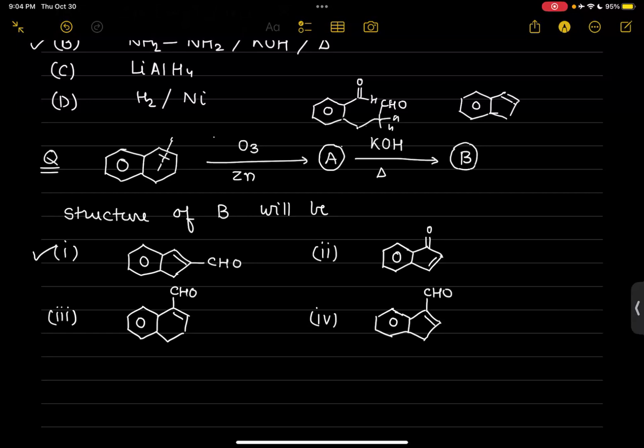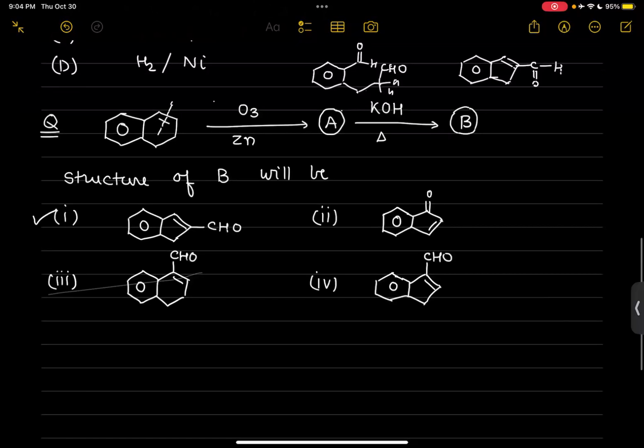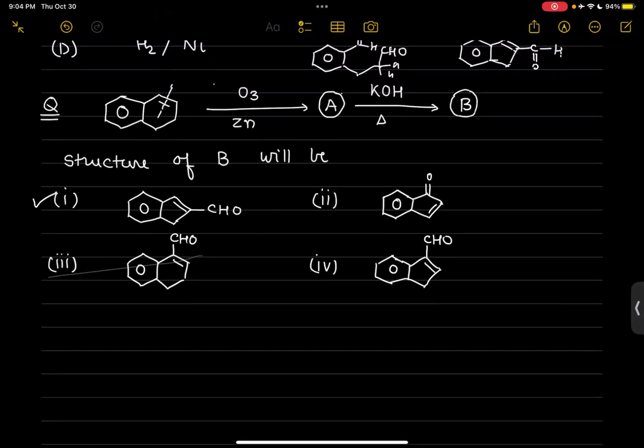I hope this is clear to you. Any doubts on this? Whether it is intramolecular aldol or Cannizzaro, you need to check both the aldehydes, and check whether they have any alpha hydrogen.